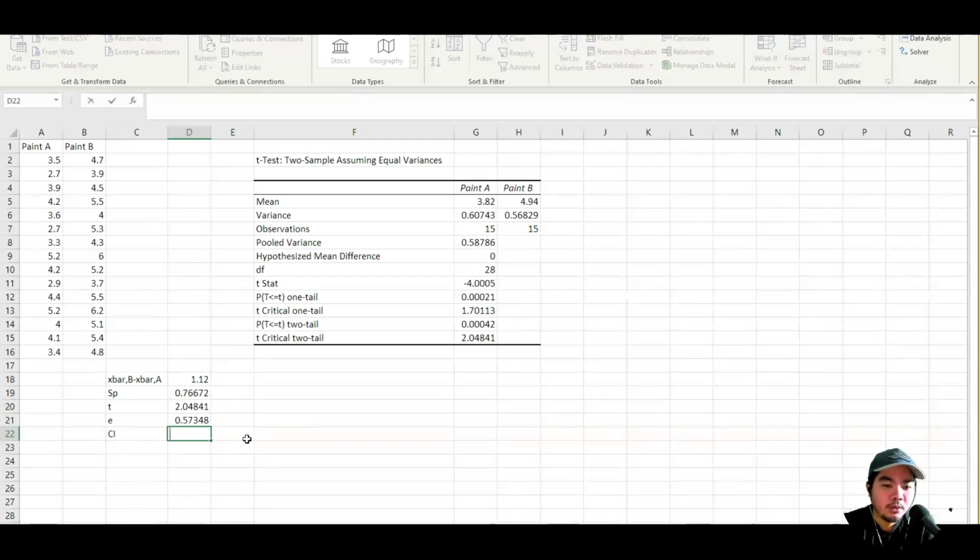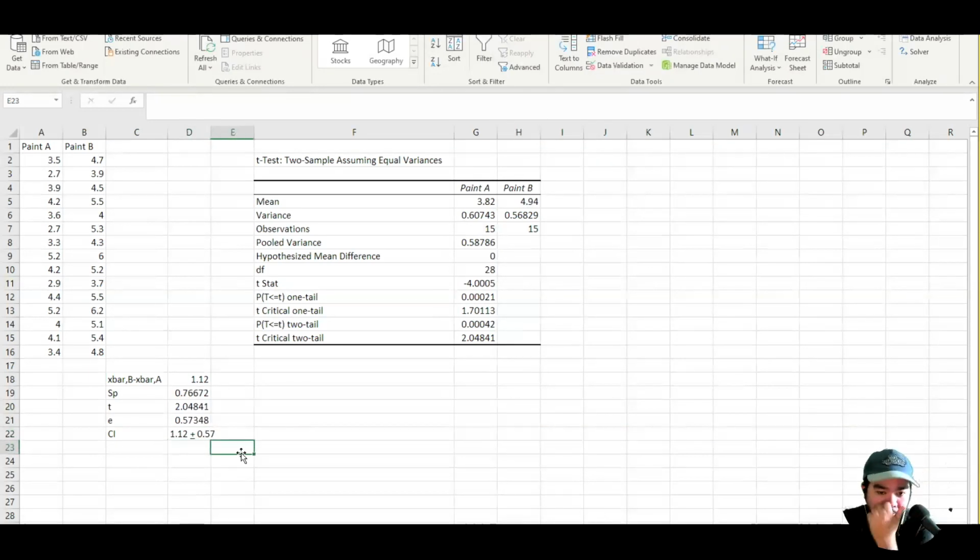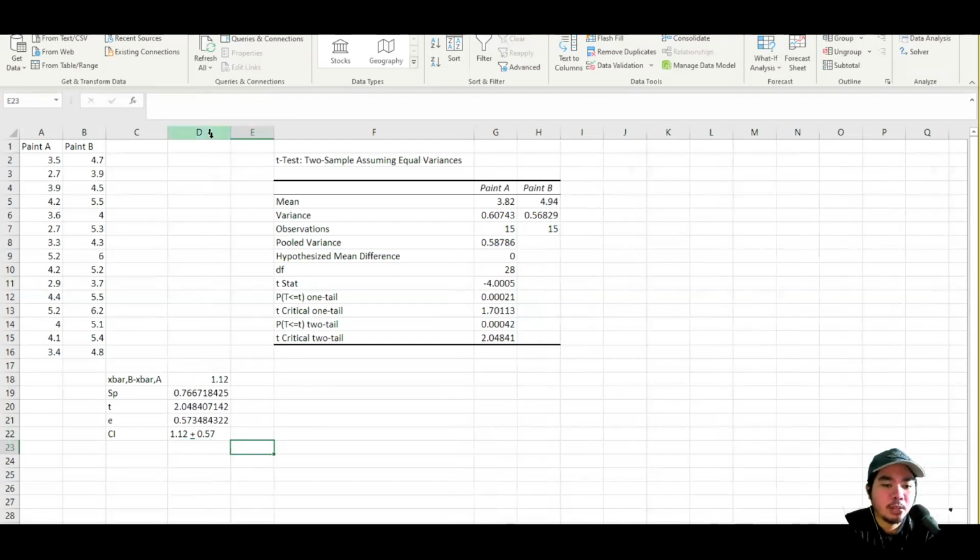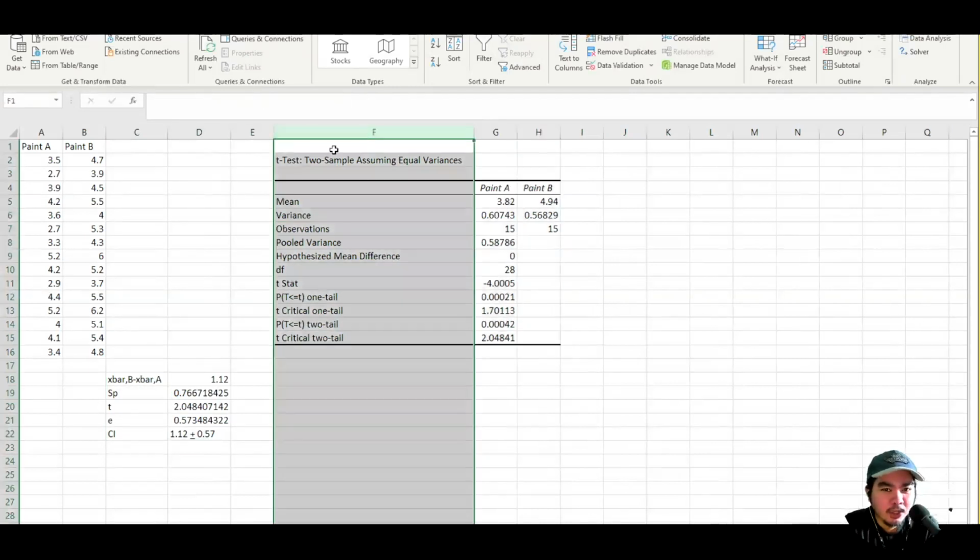So I can do 1.12 plus minus 0.57. Okay? So, yan. So, mas mabilis pagka gumamit tayo ng ganito, no? Again, we're not actually doing t-test. Ginamit lang natin yung t-test para lang makuha yung necessary na values para magawa natin siya ng confidence interval.